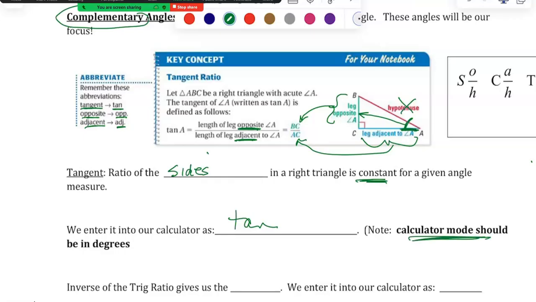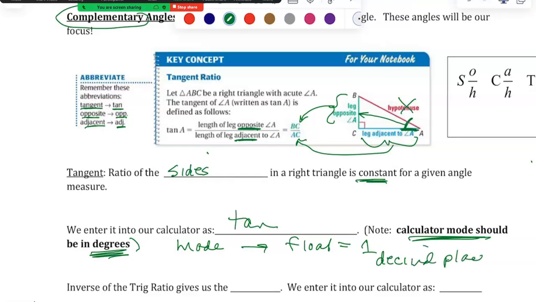Once again, the calculator mode should be in degrees, and if you want it rounded to one decimal place, you're going to have your mode, the float will be equal to 1. That means you want 1 decimal place. So for example, the possible answer would be 30.1 degrees.